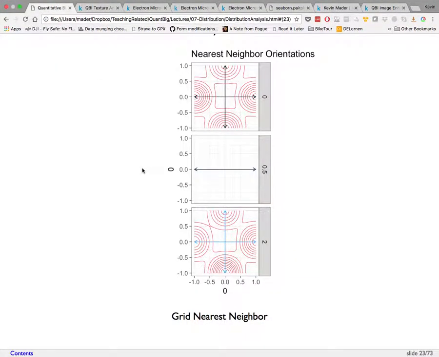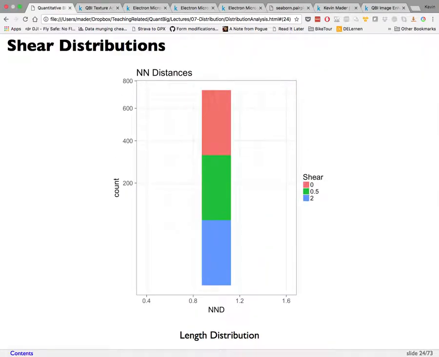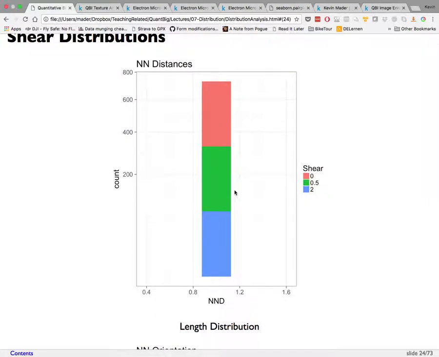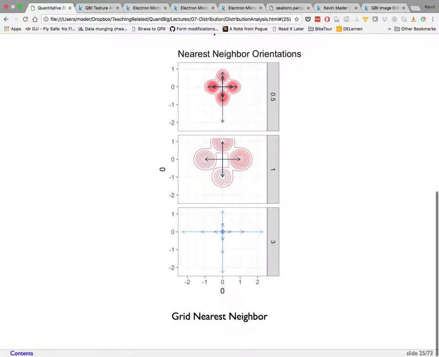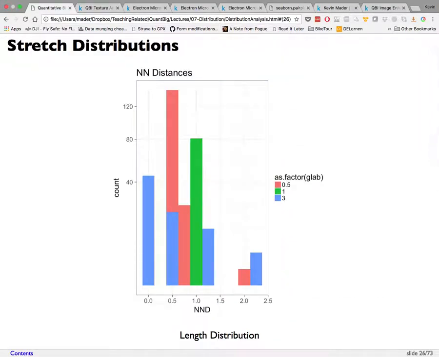And so the whole idea for these kinds of exercises or examples is to see what this actually does on very simple systems. And so we see for the shear distribution, the length doesn't change at all. We get a change in distribution. For the stretch system, we then get changes in the width of the nearest neighbor distance.